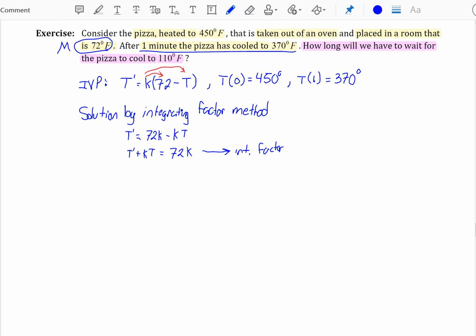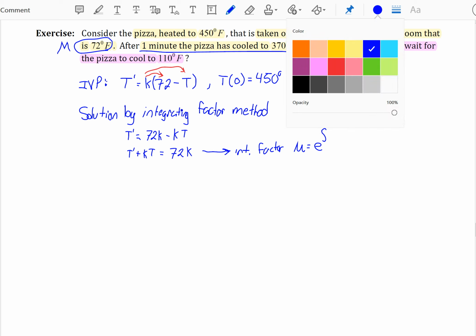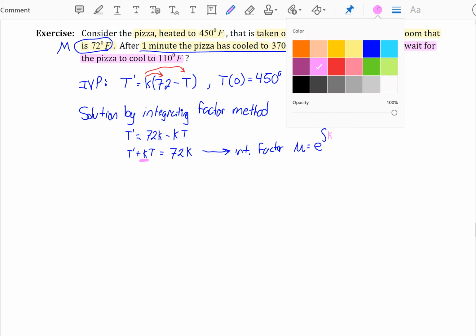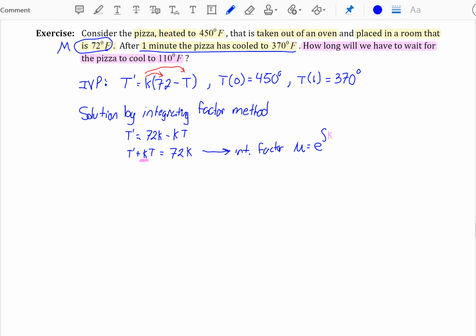So remember, our integrating factor, mu, is always going to be e to the integral of p of t, where in this example, p of t is going to be the term or the factor in front of T. Here, the factor in front of T is just k. So we'll be looking at the integral of k dt.